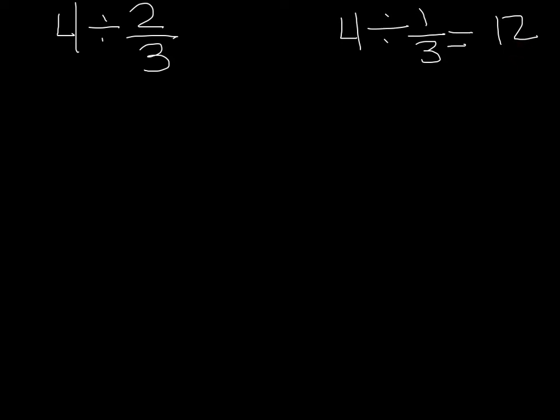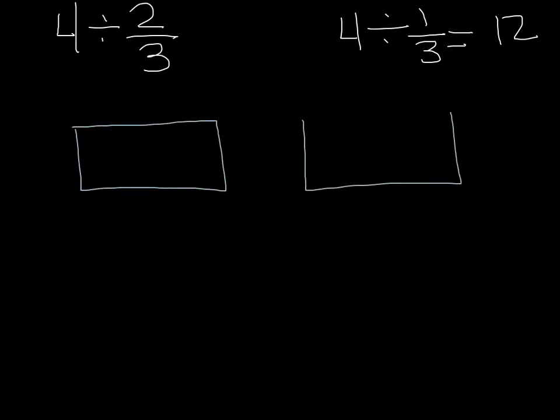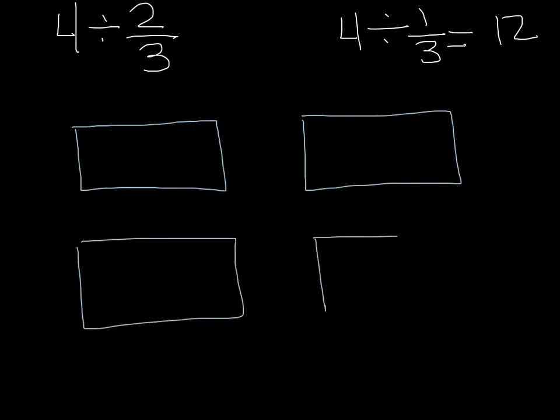So I'm going to draw 4 wholes again. This represents my dividend, the number right here. This is how many I start with. Now I'm going to split them into thirds.